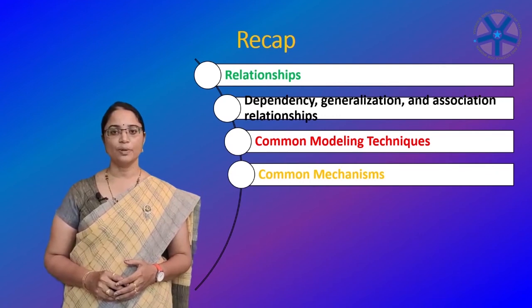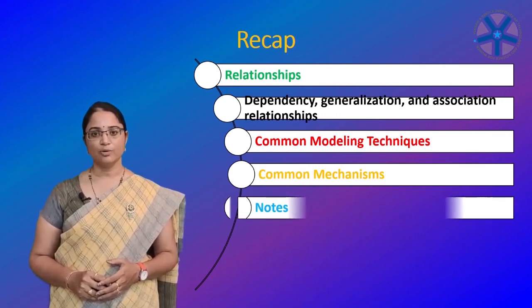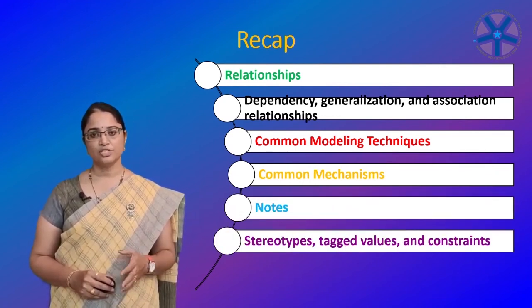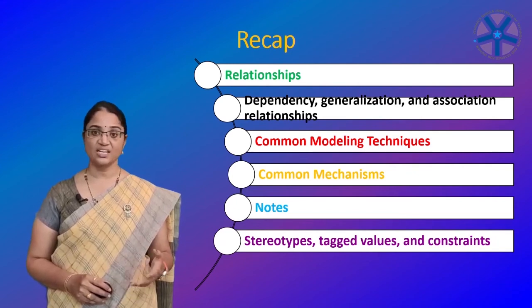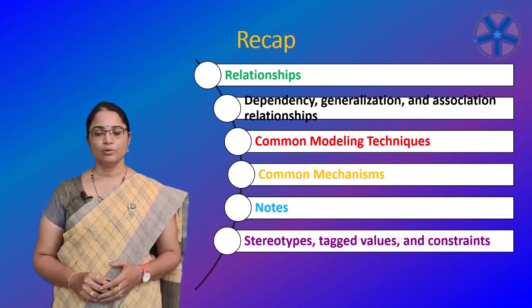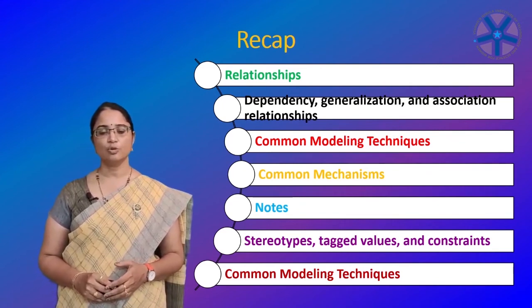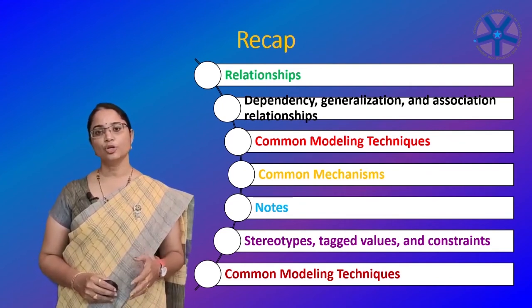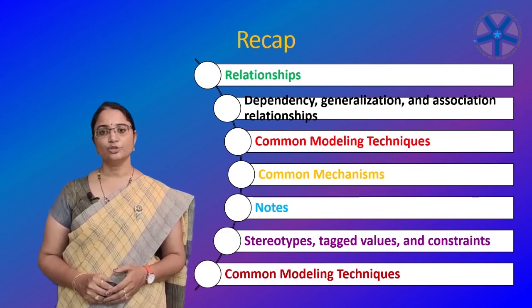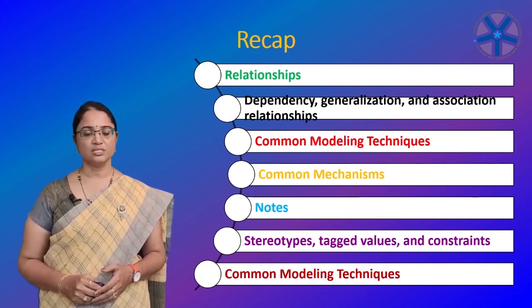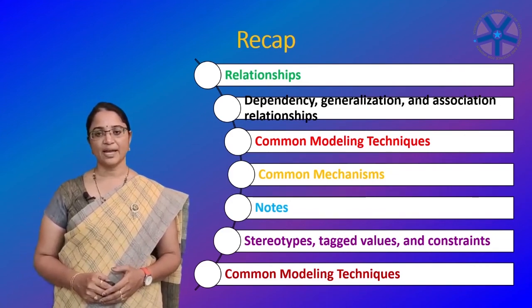And coming to the common mechanisms, here we have discussed notes, stereotypes, tagged values and constraints. In the common modeling techniques we have seen how to model comments, how to model new building blocks, how to model new properties, how to model new semantics. This is what we have discussed in the common mechanisms.